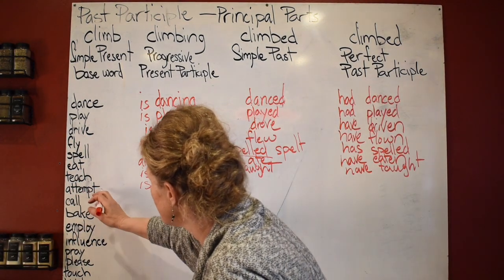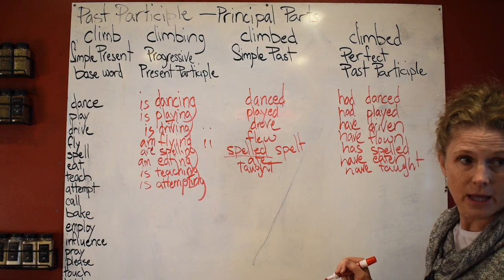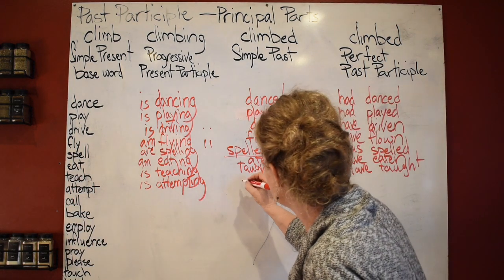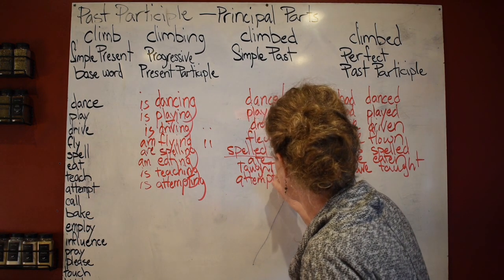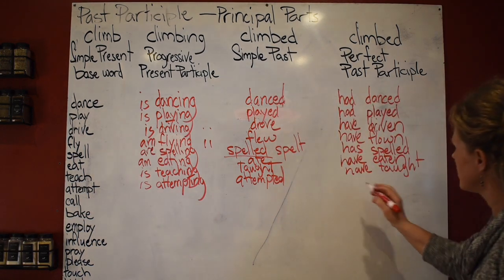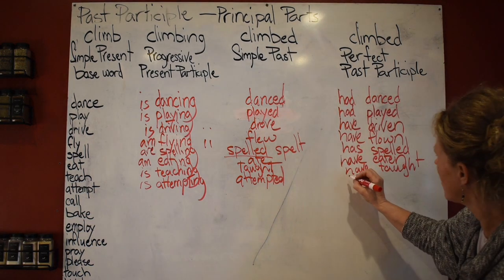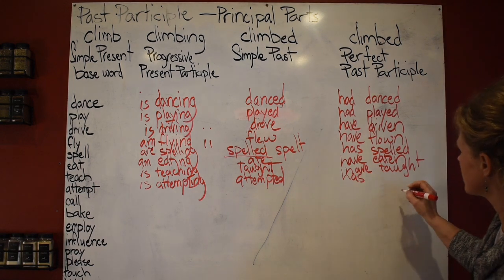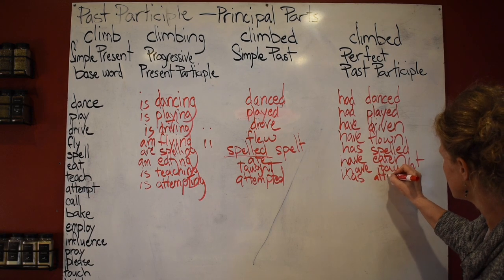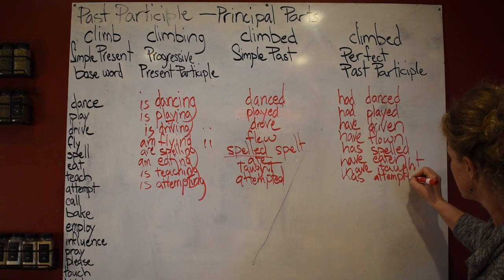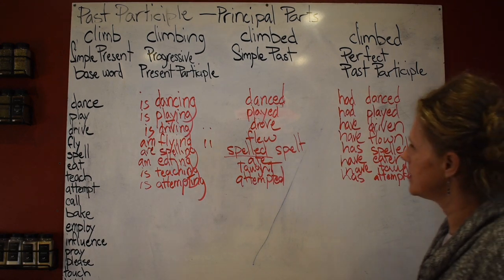This is not an irregular verb. This is actually, there is a Latin root, right? So we have attempted. And what's this one? Has attempted. Okay, has. I'm going to push them together so we don't miss that. Has attempted. We're just going to add on our ed.